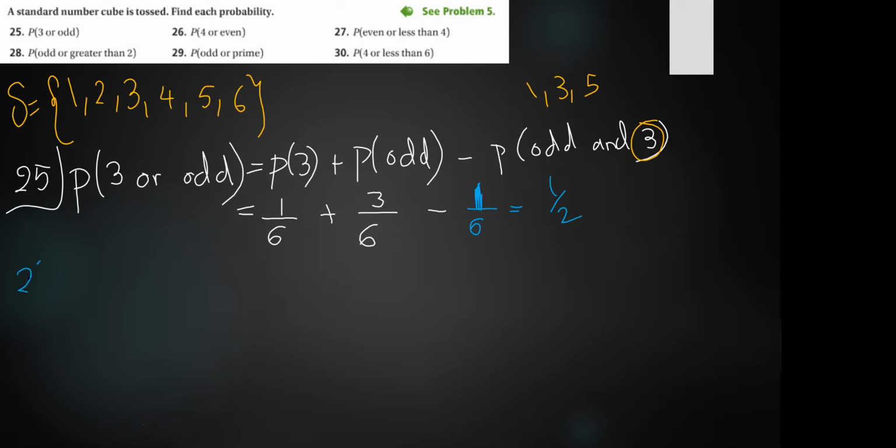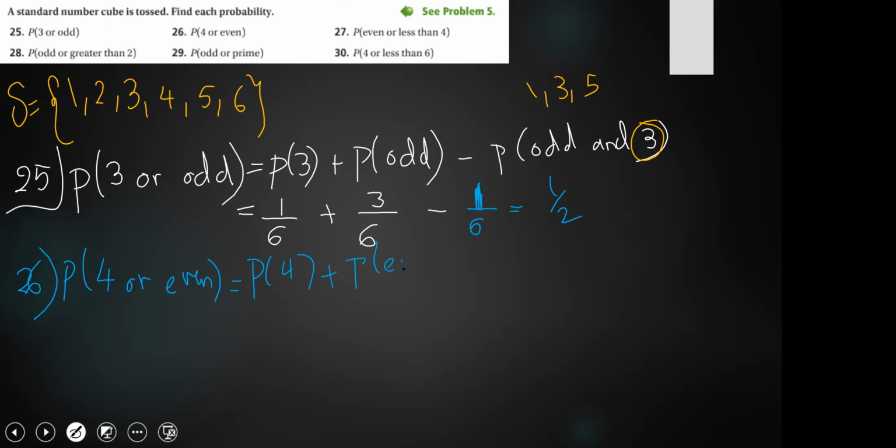Let's do now number 26: 4 or even. You have to do the same steps. Probability of 4 plus the probability of even minus the probability of 4 and even. How many 4s do we have?